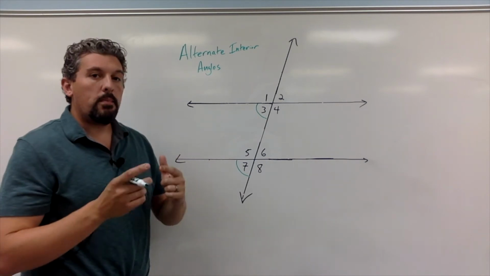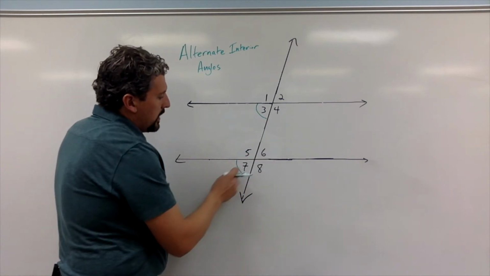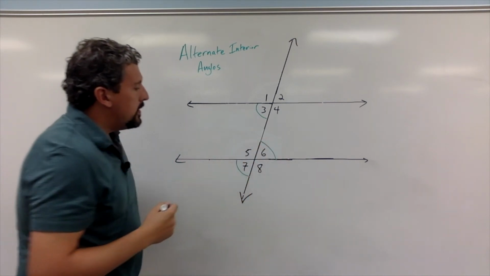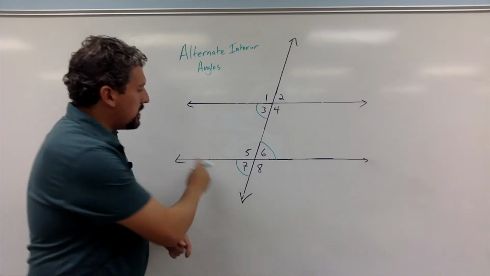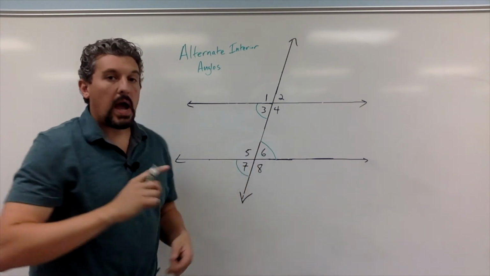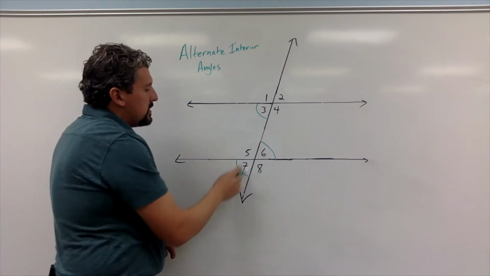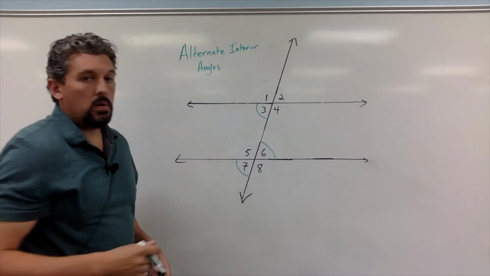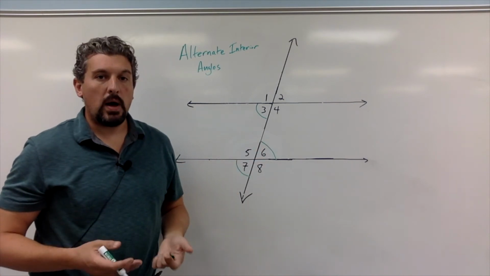We knew from before, in our previous angle pairs part of the unit, that angle 6 and 7 also have to be congruent because they are vertical angles, right? Anytime a pair of lines intersect, the resulting opposite angles have to be the same. So now we have angle 3 is the same as angle 7. Angle 7 and 6 are the same. Well, that means that angle 3 and angle 6 have to be the same measure as well as a result.